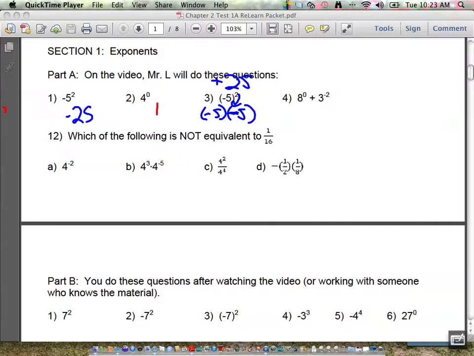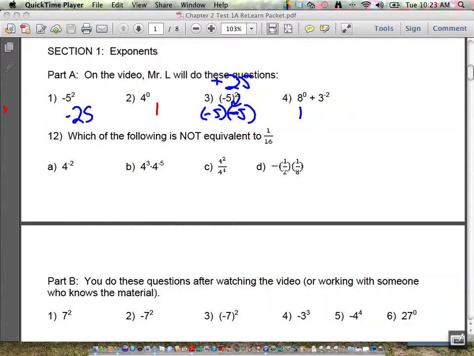Number 4 is tough. Number 4 is a hard question. If you got number 4 wrong, very understandable. Now, first off, what is anything to the 0 power except 0 to the 0? 1. So the 8 to the 0 is 1. Lots of mistakes on 3 to the -2. I saw some people put a negative sign in there. There is no negative sign with a negative exponent. Let me repeat that. There is no negative sign with a negative exponent. Negative exponent? Reciprocal.